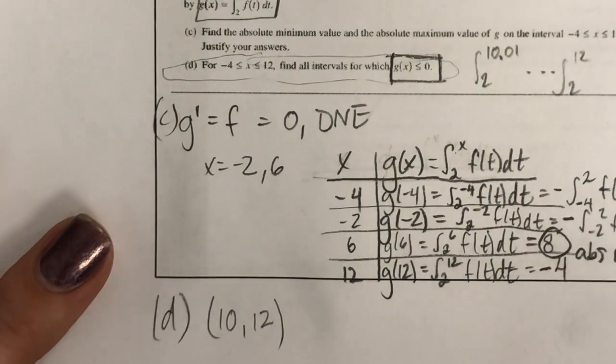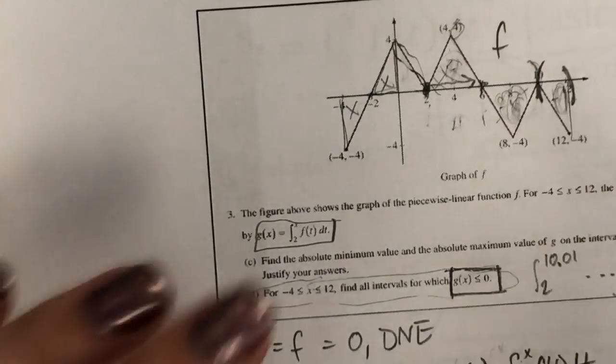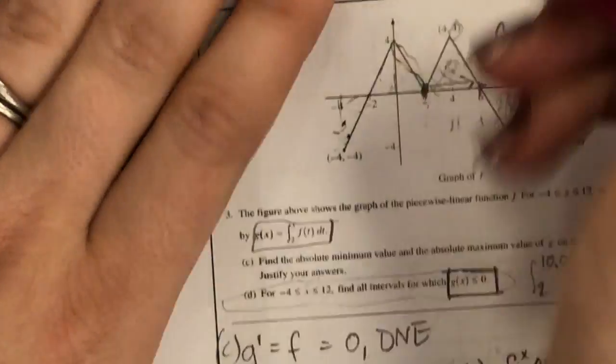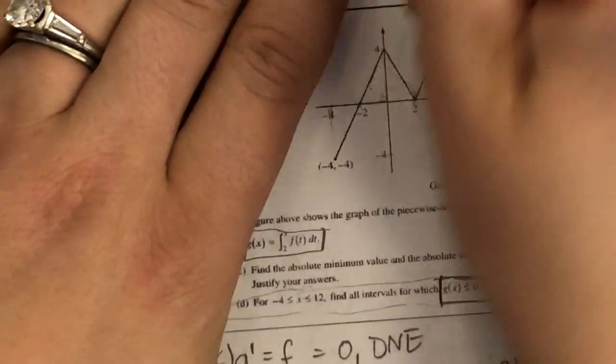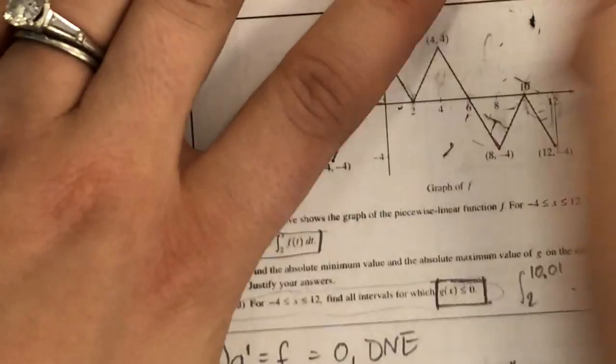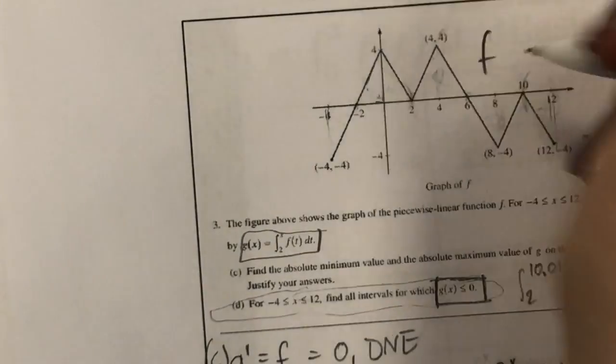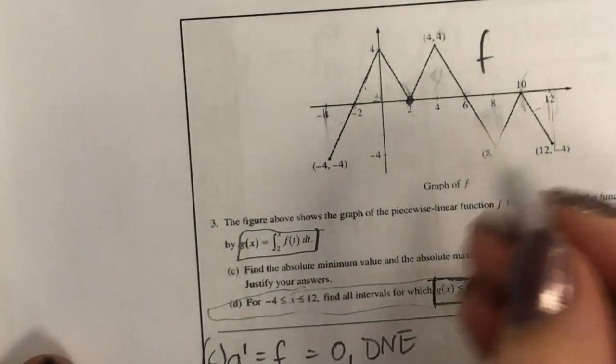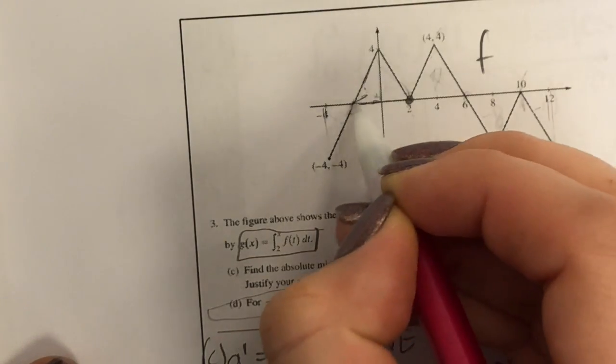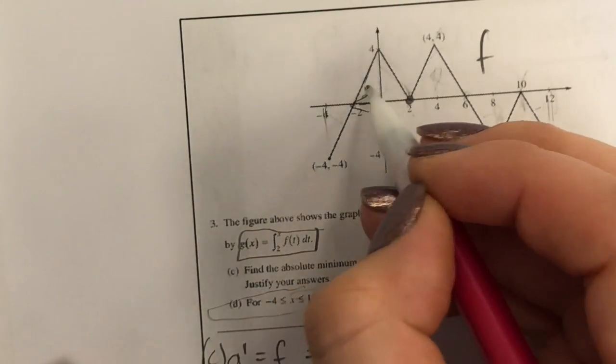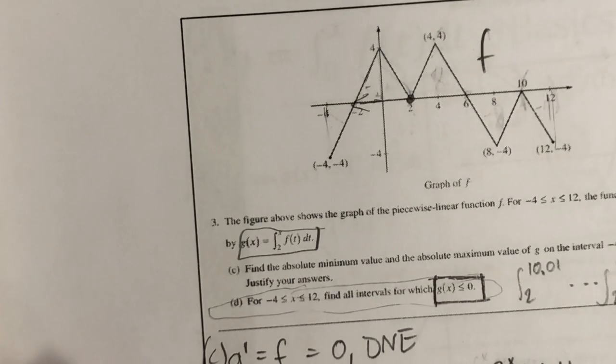It gets trickier because of the reading backwards thing. So I'm starting again at 2, taking the integral backwards. You might look at this and say, oh, it's above the x-axis, positive integral.